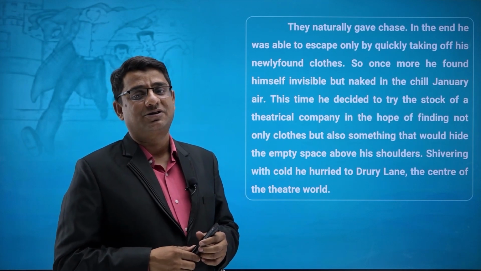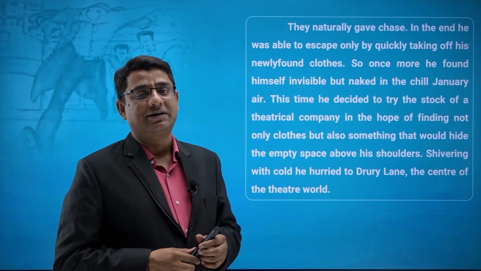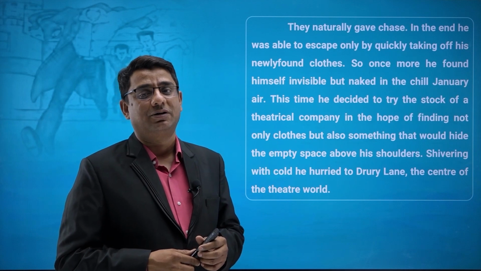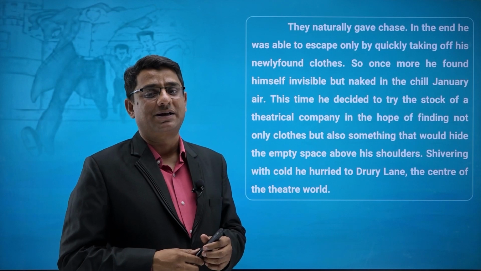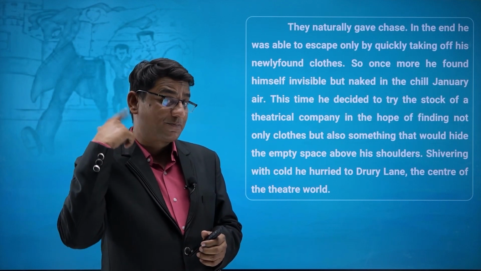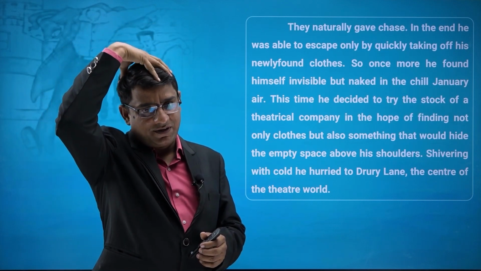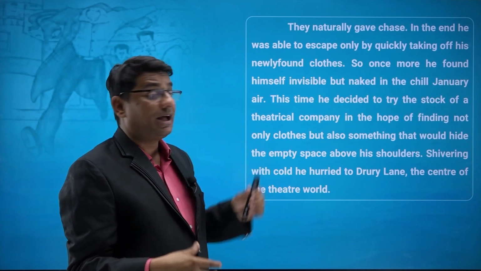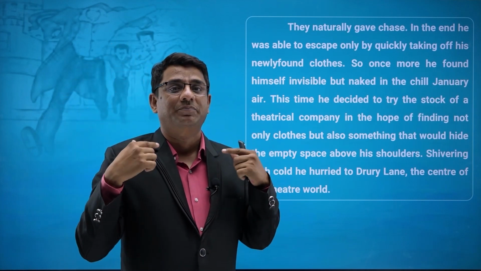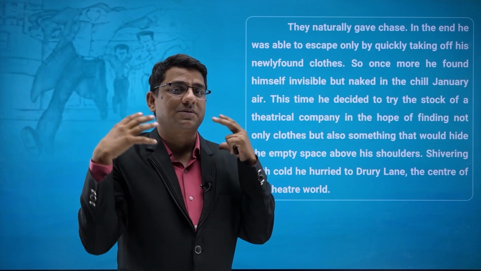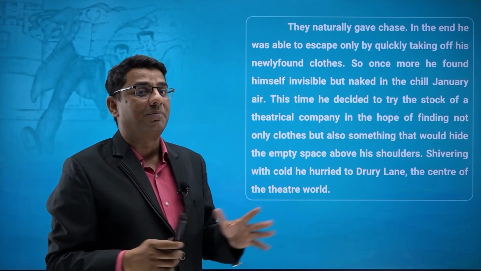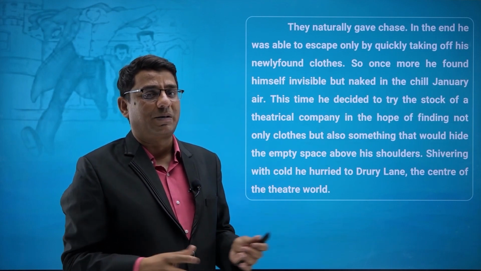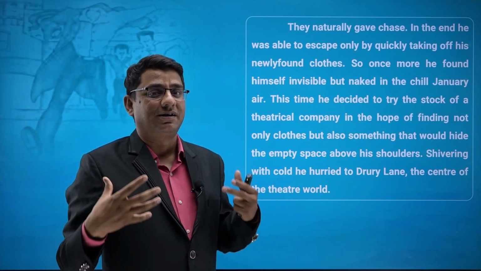At this time he decided to try the stock of a theatrical company in the hope of finding not only clothes but also something to hide the empty space above his shoulder. Even if he's wearing the hat, this part looks empty, so he has to have some bandages or something. So he decided to go to a drama rehearsal place where there are fancy attires.